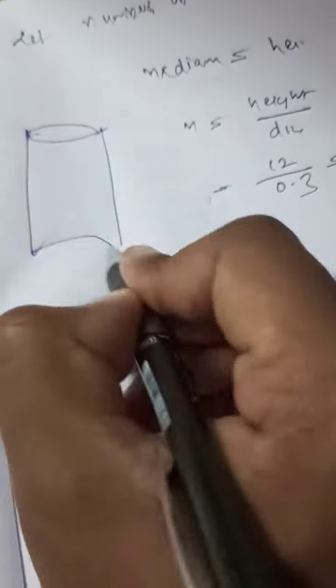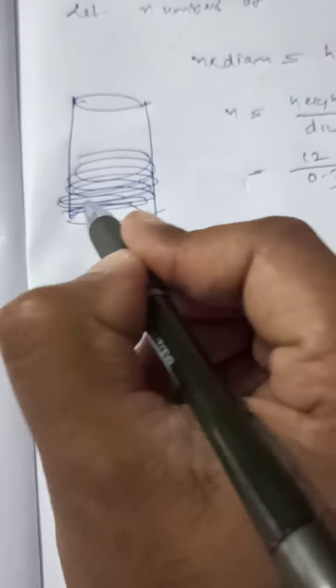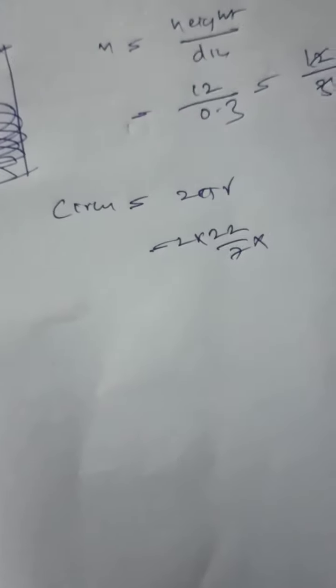Next, I am going to find the length of the wire for n rounds, that means the total number of rounds. Here it is the cylinder, and there are turns like this. To calculate the total length of the wire, first I need to calculate the circumference of one round, multiplied by all the rounds. The circumference of one round is 2 pi r, which is 2 into 22 by 7 into the radius.